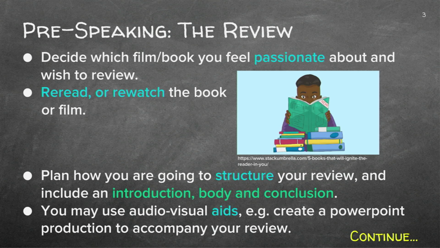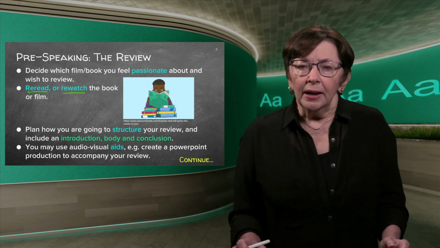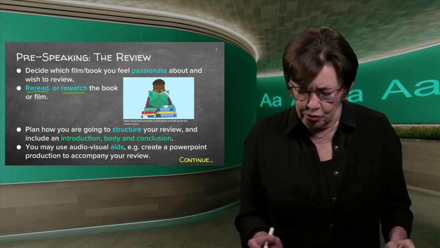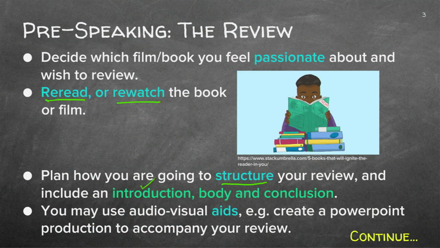Then, of course, you're going to have to reread or rewatch that book or film to really get to know your own feelings about this work of art. Also plan how to structure your review, and make sure that you have an introduction, a body, and a conclusion, because it is a mini speech that you're giving to your teacher or to an external moderator, and you must have a proper structure.